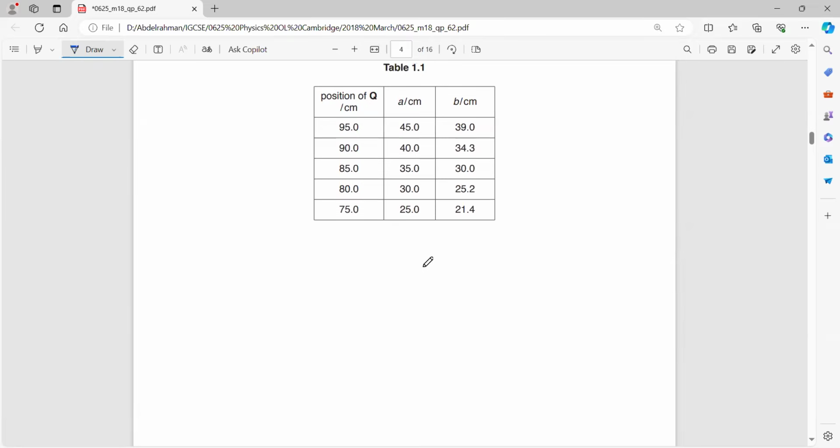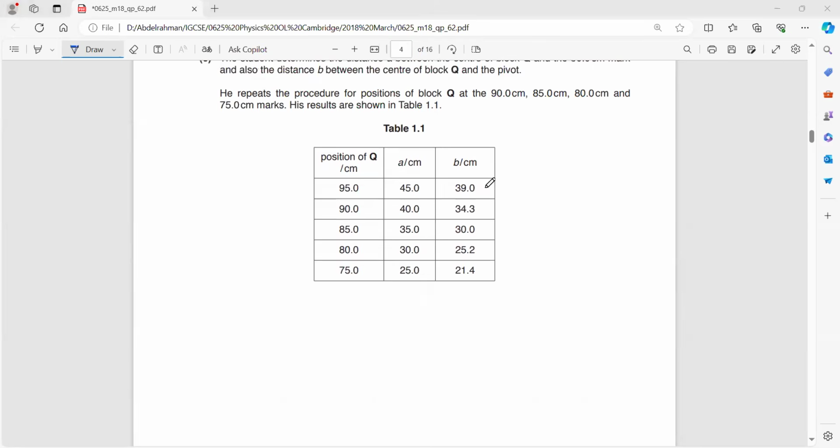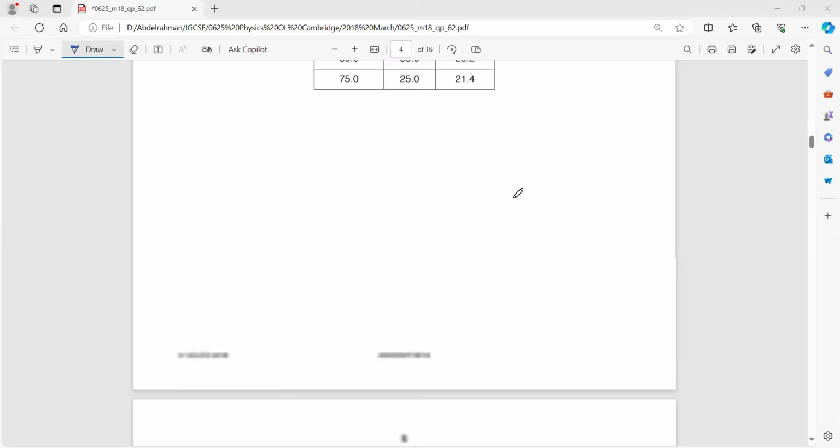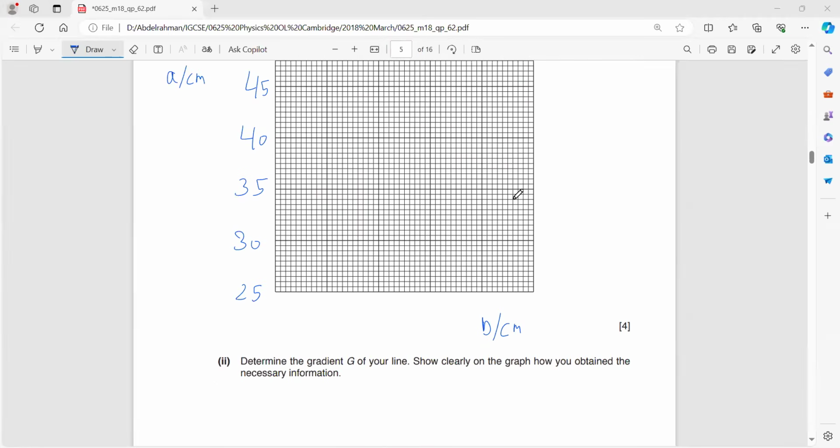Then B started off at 21.4 up to 39, so probably we will need to start from 20: 20, 25, 30, 35, and 40. This is a good scale.